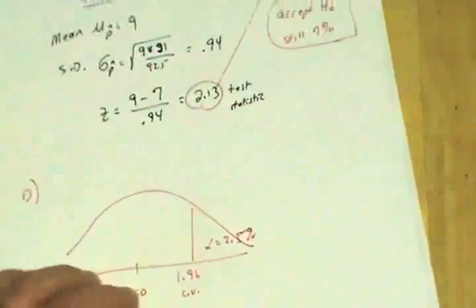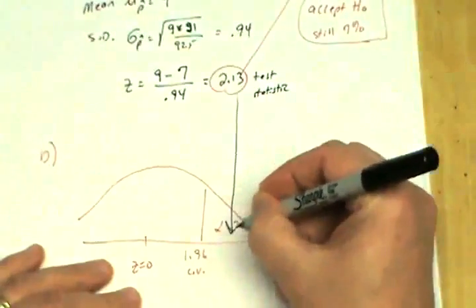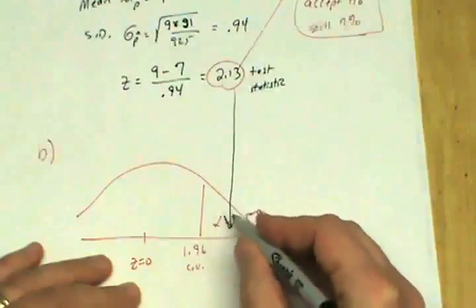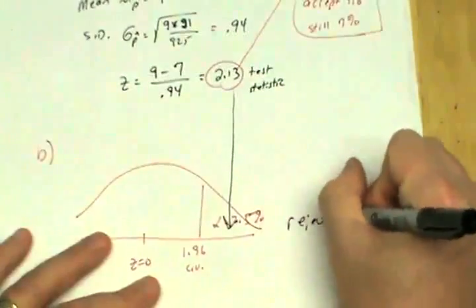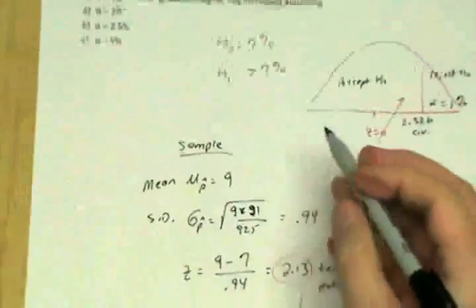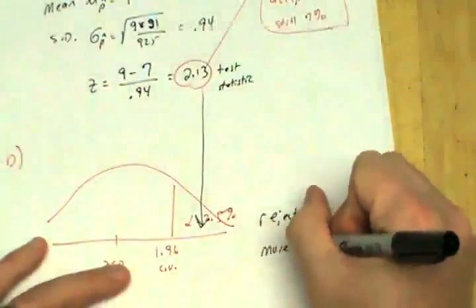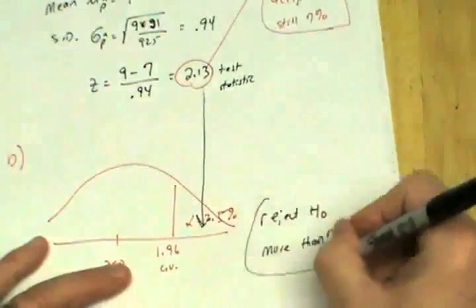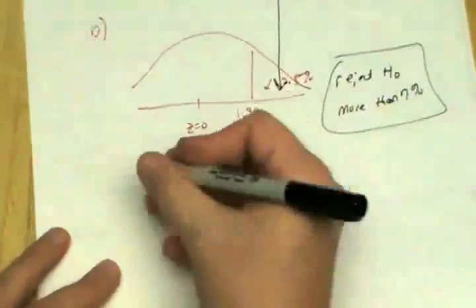Okay, our z-score is right here, 2.13. 2.13 is beyond the critical value to the right. The right is always the tail, which is reject. So we are going to reject the null hypothesis. And so we're going to then say H1. So we're going to say it's more than 7%. So now we're saying it has gone up in that scenario.